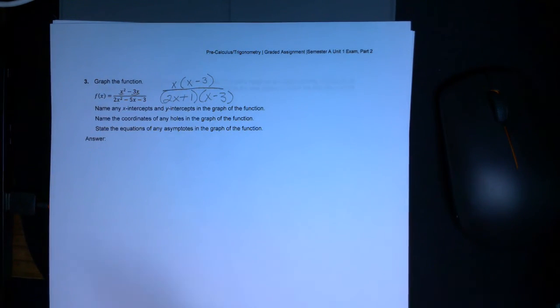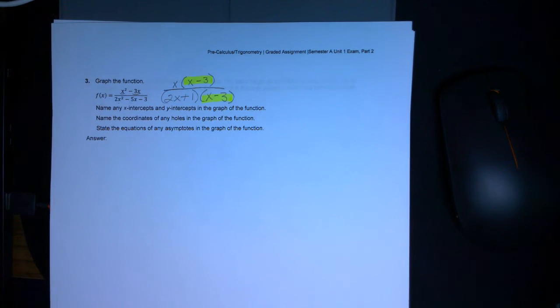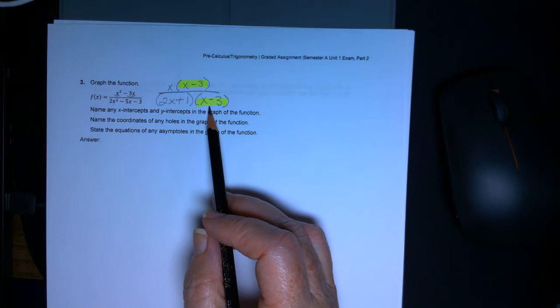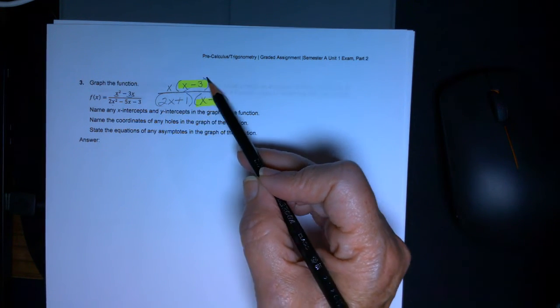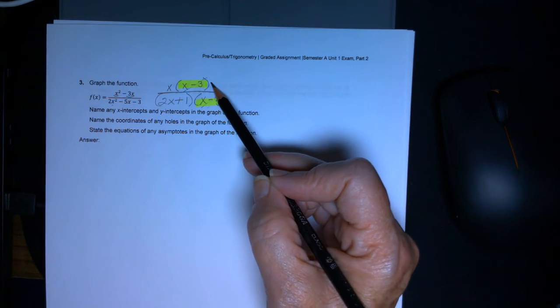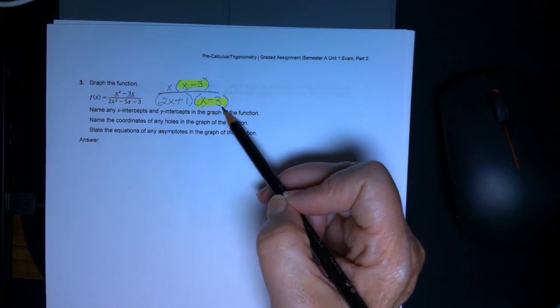Now take a minute to look at that and notice that both the numerator and the denominator have an x minus 3 in them. So that's going to be the x part of our hole in the function. So that cancels out. Whatever we have in the numerator in common with the denominator, that cancels out.